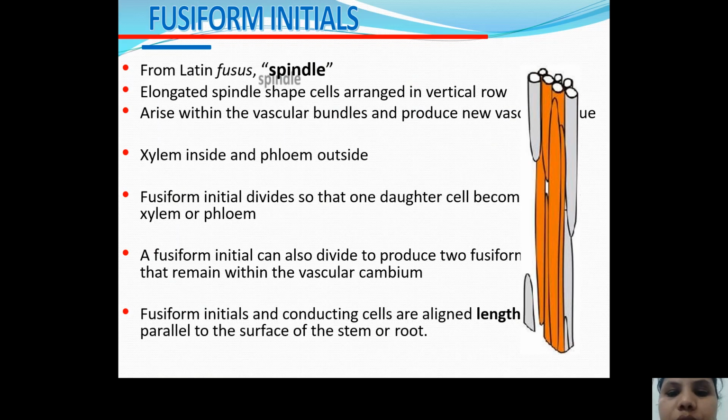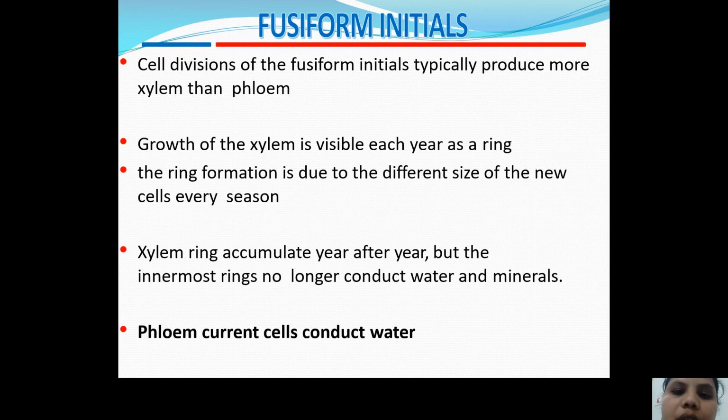Now, the fusiform initials are spindle-shaped and they are elongated cells. Now, based on the arrangement of the cells, they can be storied or non-storied. Now, the cell divisions which occur in these fusiform initials typically produce more xylem than phloem.